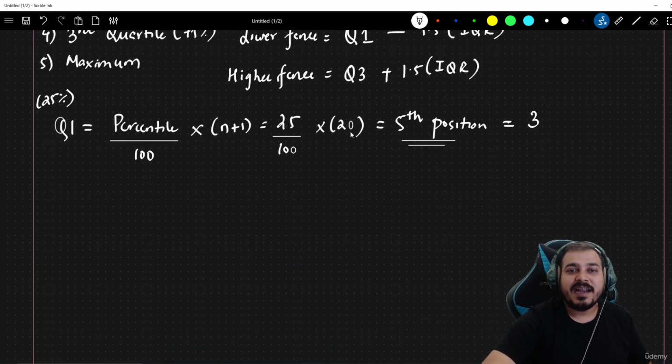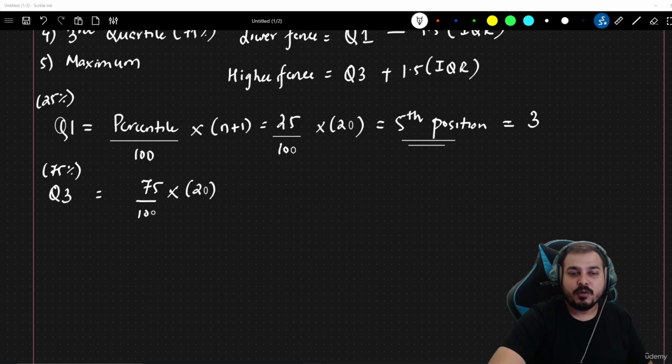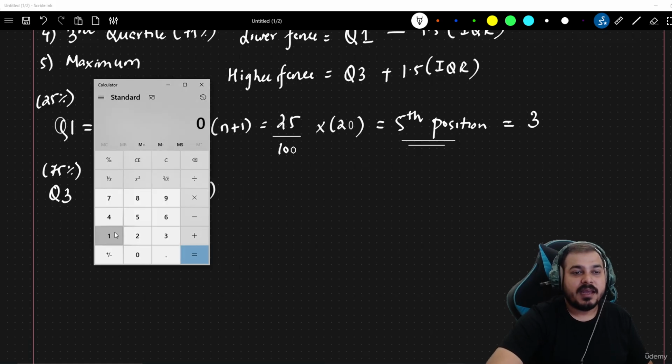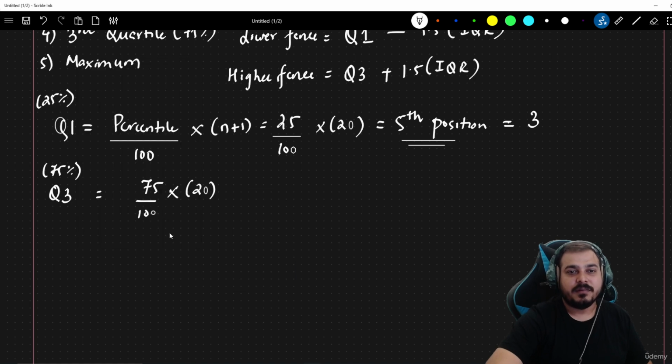Now coming to finding the 75 percentile, that is Q3. Again, the formula will be the same. Here I'm just going to assign the values: 75 divided by 100 multiplied by 20. Right? If I again open my calculator and say 75 divided by 100 multiplied by 20, you can see that I'm getting 15, right?